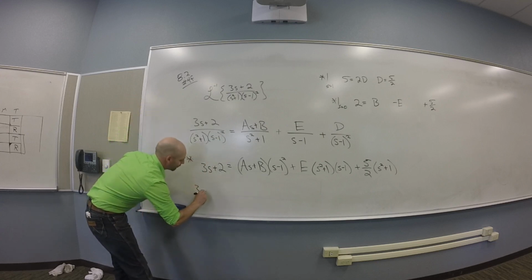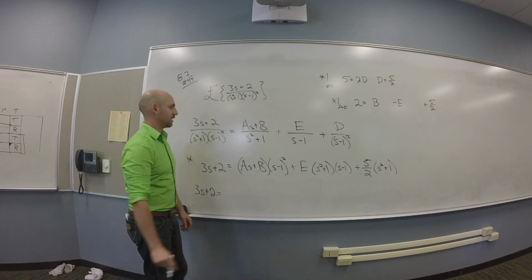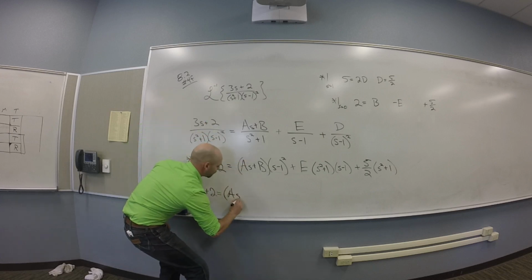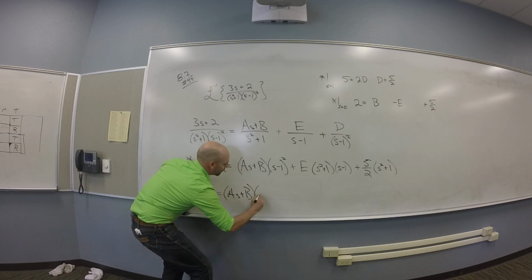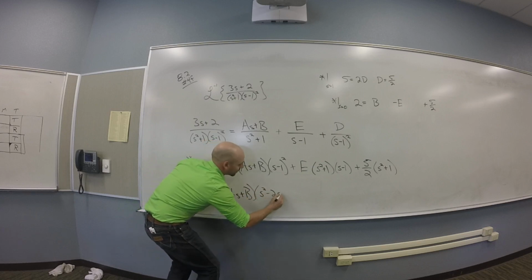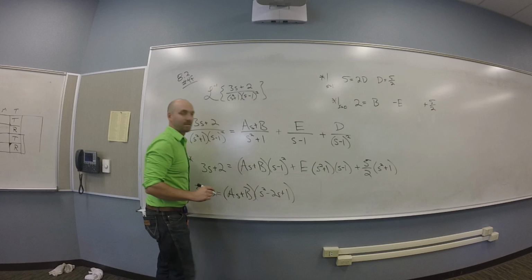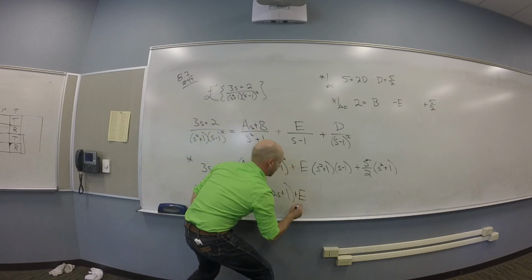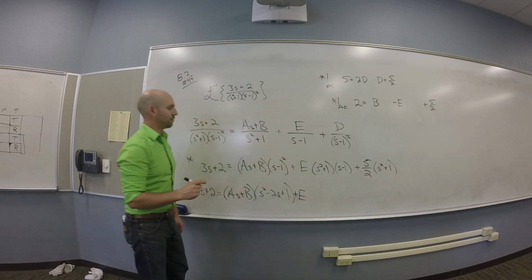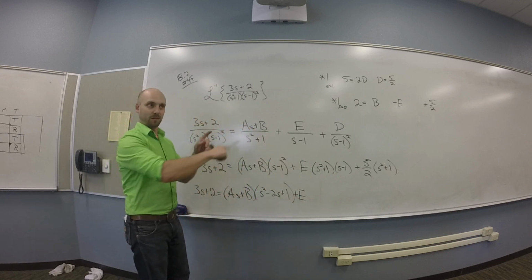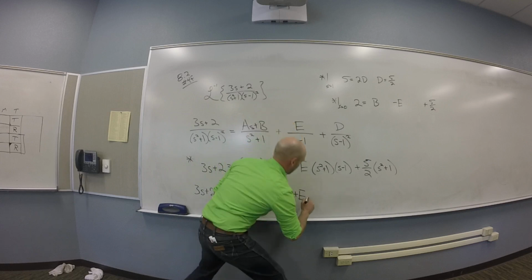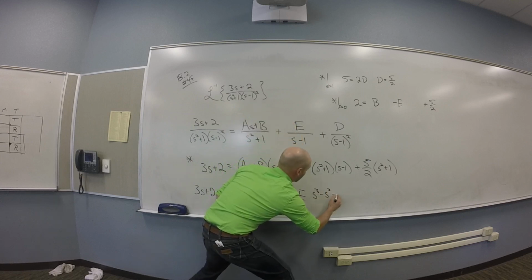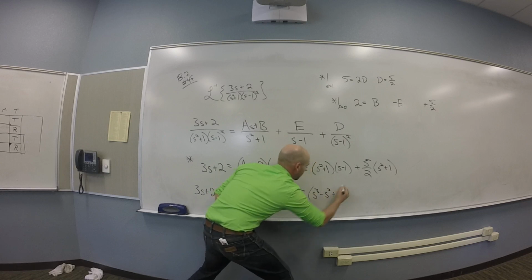So you got 3s plus 2 is, let's see. I got a times s plus b times s squared minus 2s plus 1. And then I got e times, multiply, s squared plus s minus 1, s cubed minus s squared plus s minus 1.